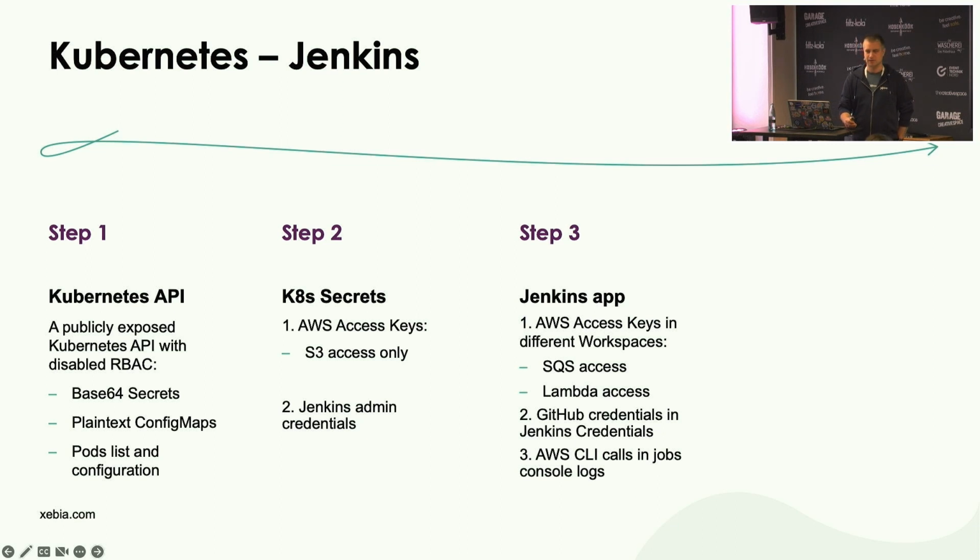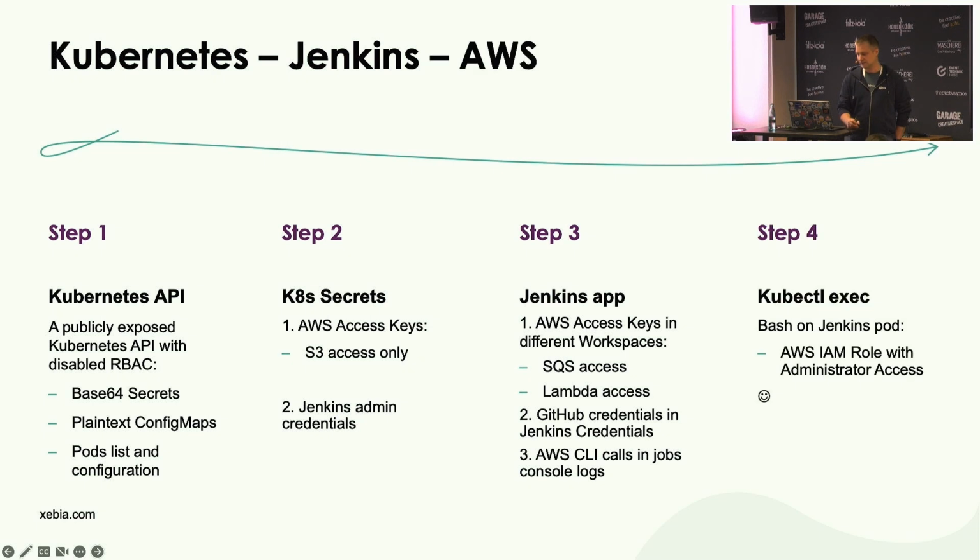But in build logs, I noticed that there are some AWS CLI calls. So there was another configuration somewhere. And I decided to use kubectl exec to get into that Jenkins pod. And there was an IAM role attached directly to it. So when checking what I can do from CLI from the Jenkins pod, I was admin there. So yeah. Easy.